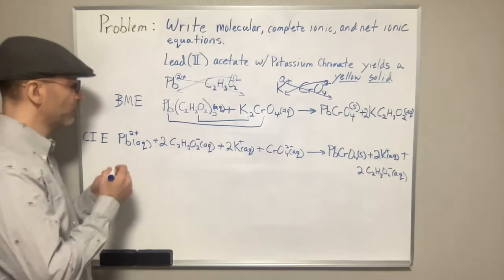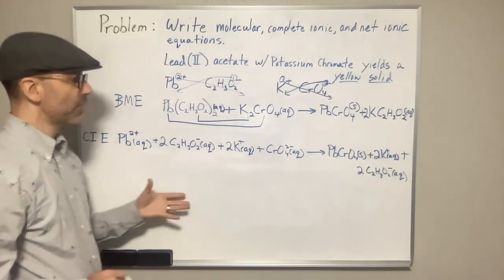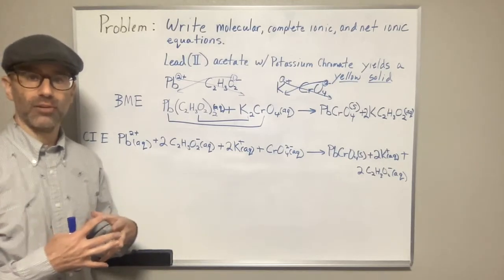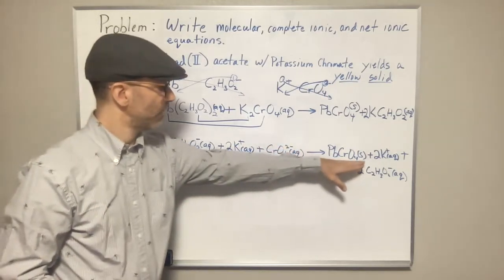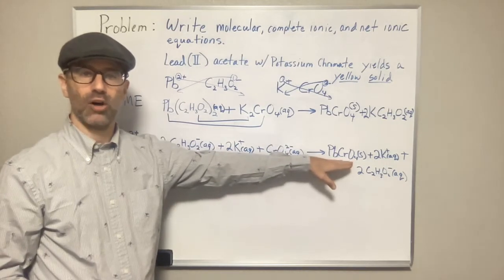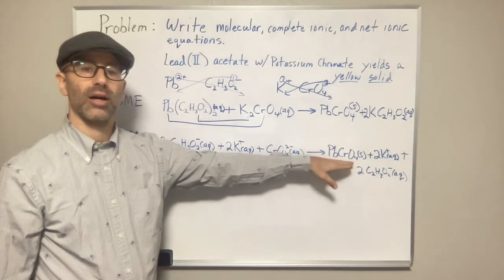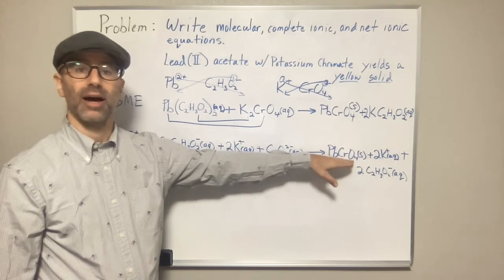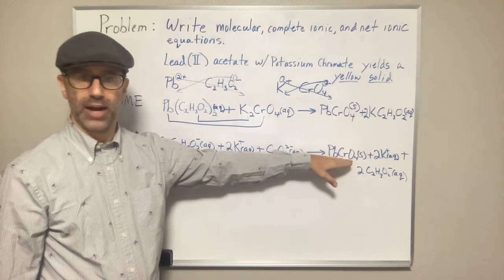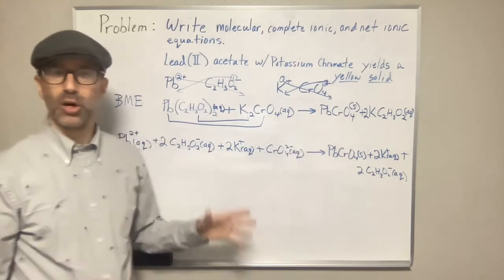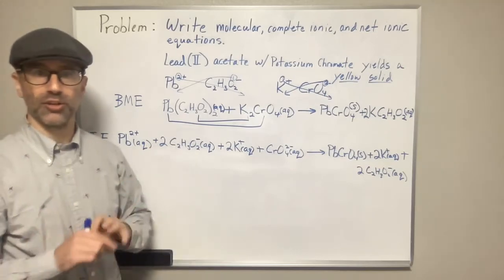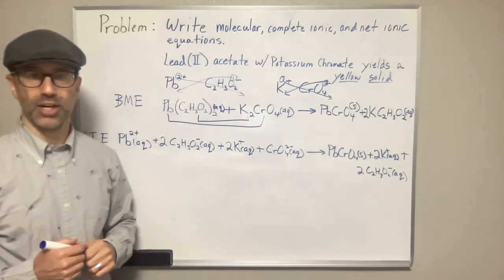So we need to figure out what the spectator ions are. The spectator ions are the ones that are not involved in forming your products. Here we see that you are forming a solid, so the ions involved in this solid are the ones who are playing the game, if you will. These are the ones involved in the reaction. The rest of them are not involved, so those are your spectator ions. They're spectating, watching, not involved in the reaction at all.